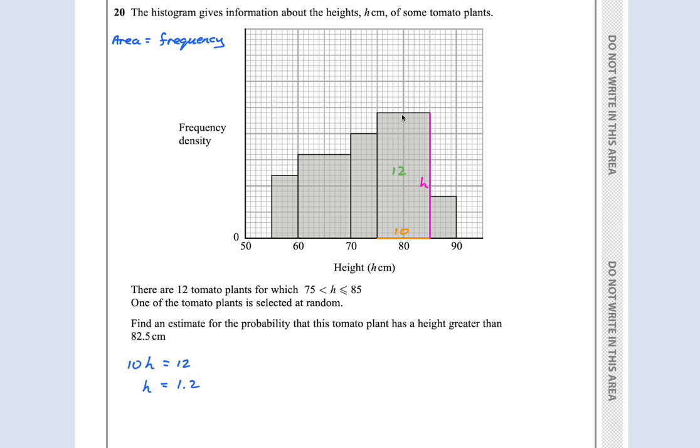Now, once I know that h is 1.2, I know that this height here is 1.2, which means this is 1, this is 0.5, this is 1.5, and this is 2.